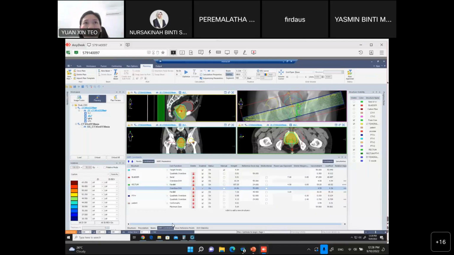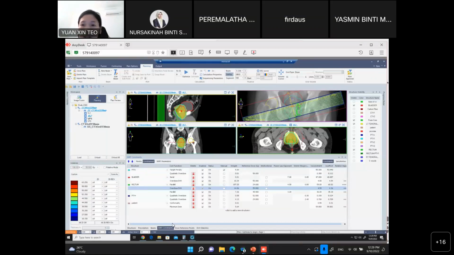Normally, if you are a new physicist in a hospital setting, after 6 months, depending on individual pickup capability, I will teach my juniors how to generate a remap plan from simple to difficult. Normally we will give either a brain case or a prostate plan.